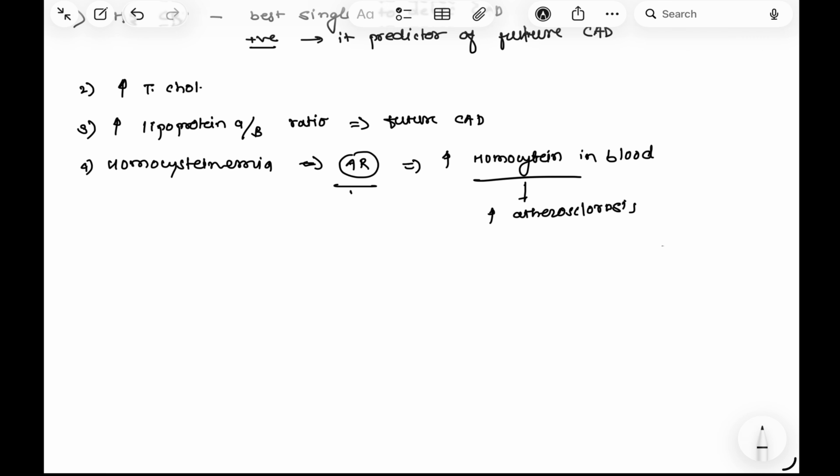In such type of patient, we usually start the patient on vitamin B6, B9 and B12, right? So it is important to remember that homocystinemia is autosomal recessive and it accelerates atherosclerosis.